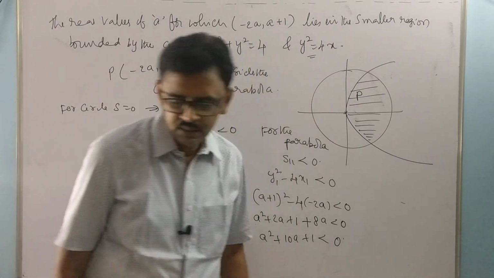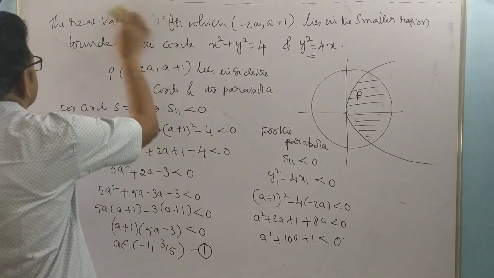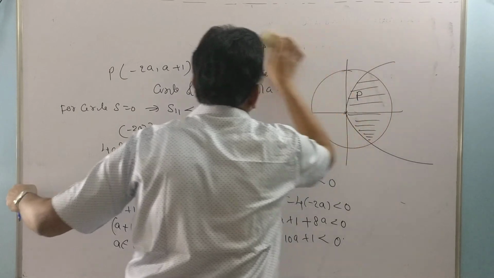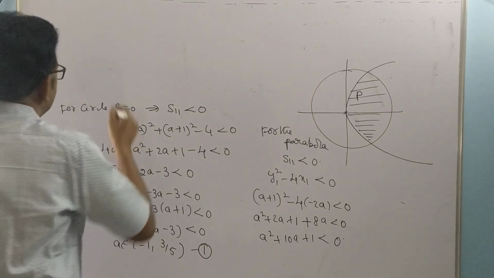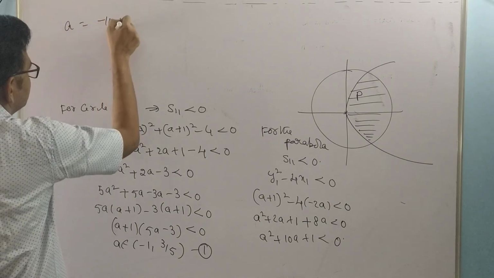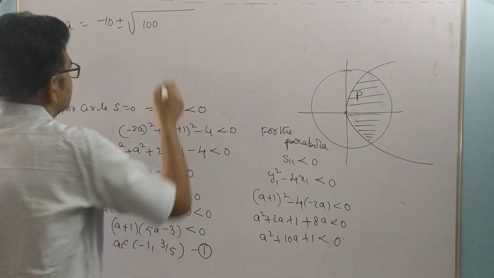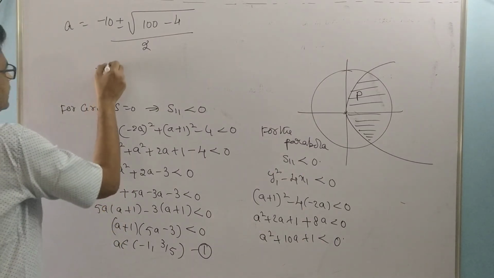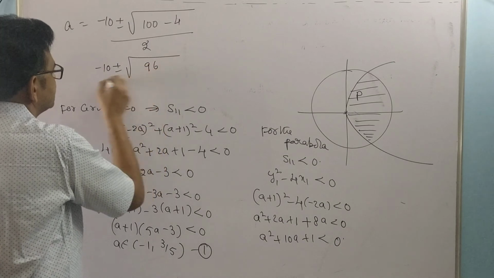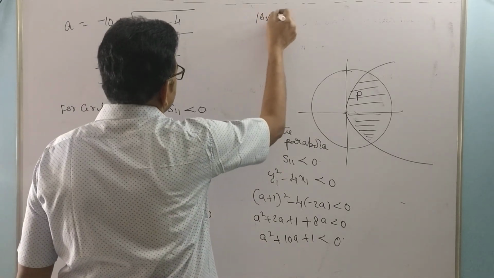Now for this you don't have factors, so we use the quadratic formula. a = (-b ± √(b² - 4ac)) / 2a. b² is 100, and 4ac is 4, so we get (-10 ± √96) / 2. √96 equals 4√6, since 96 is 16 times 6.